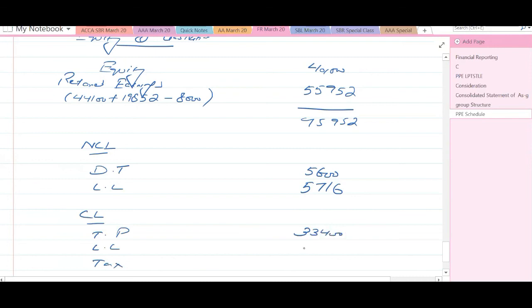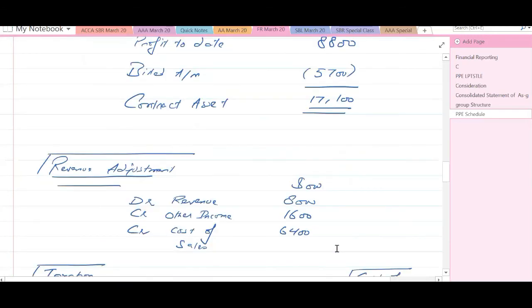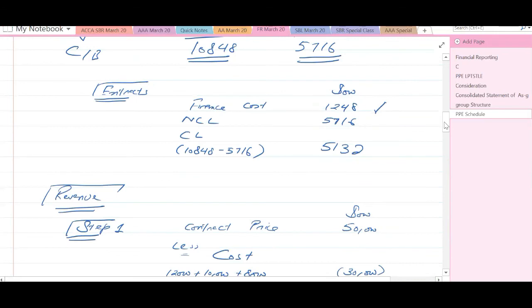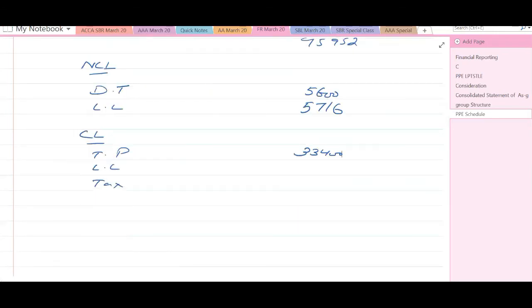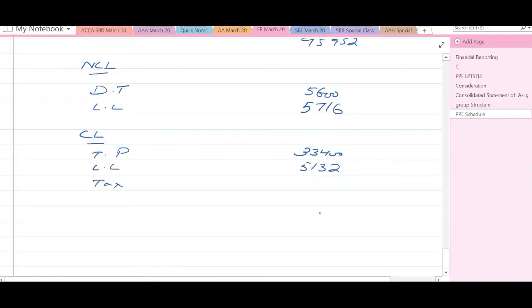Lease liability was 5,132, sorry, let me check. Yes, 5,132, and the tax was 4,500.